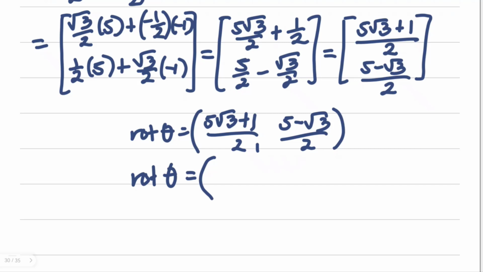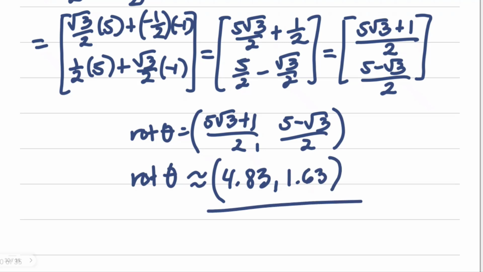This is just an approximation in 2 decimal places. So you have here positive 4.83. As for the other, 5 minus square root of 3, divided by 2, is approximately positive 1.63. So it's in the first quadrant because both values are positive.